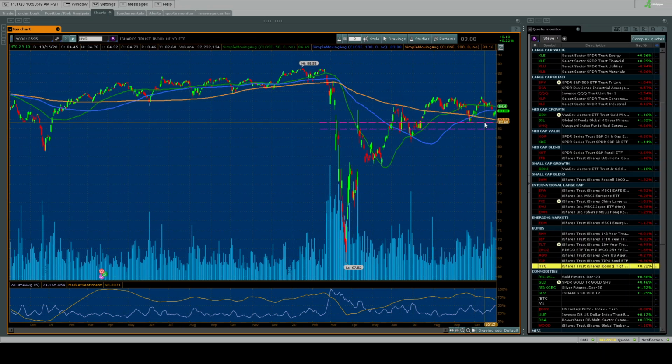Major level of support on HYG is around 82.65 with a downward sloping 200-day moving average. If it breaks below, say, 82, maybe just slightly under 82, there's a little bit of support here at 78, 79. And then you're looking at a massive drop in high yield bonds, which would indicate defaults are coming.